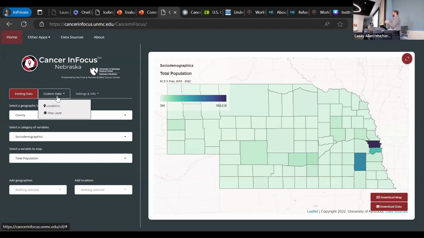That's something that you could upload and display in Cancer in Focus along with all of the other variables that are included in there. So if you wanted to do it quick and dirty in Cancer in Focus, combining those two different types of data, you could do it via this custom data tab. If it's something that we wanted to make more permanent, it's also something that we could integrate.